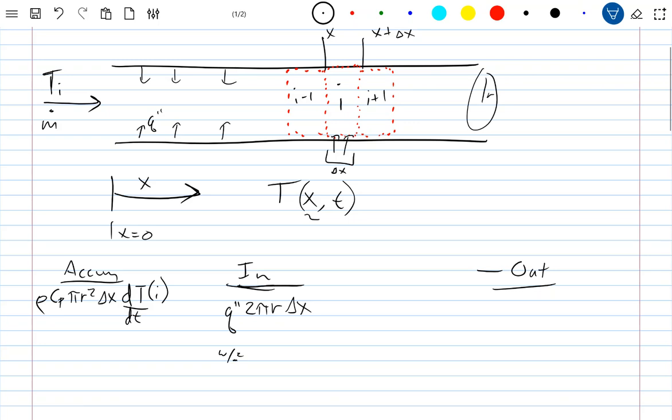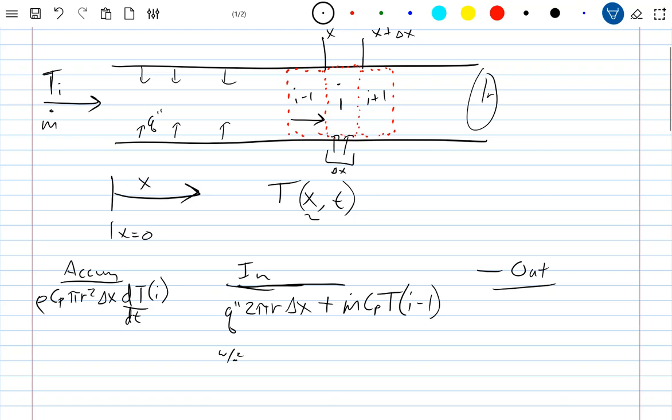Also coming in is going to be the energy that travels into node I from the previous node, which is node I minus 1. So also coming in is going to be our mass flow rate times our heat capacity multiplied by the temperature at node I minus 1.